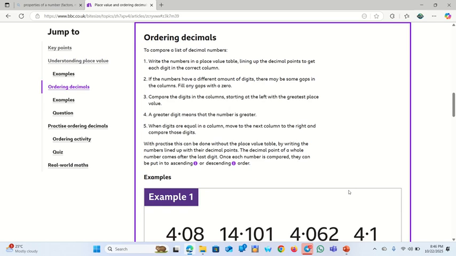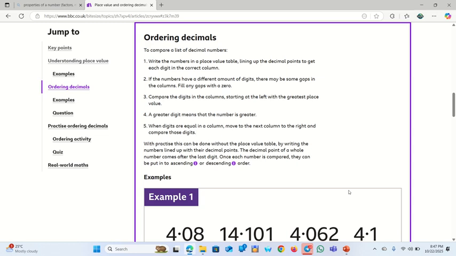To compare a list of decimals, write the numbers in a column. Write the numbers in a place value table. Line up the decimal points so each digit is in the correct column. If the numbers have a different amount of digits, there will be some gaps in the column. Fill any gaps with zeros. Starting at the left, from the greatest place value, a greater digit means that the number is greater.